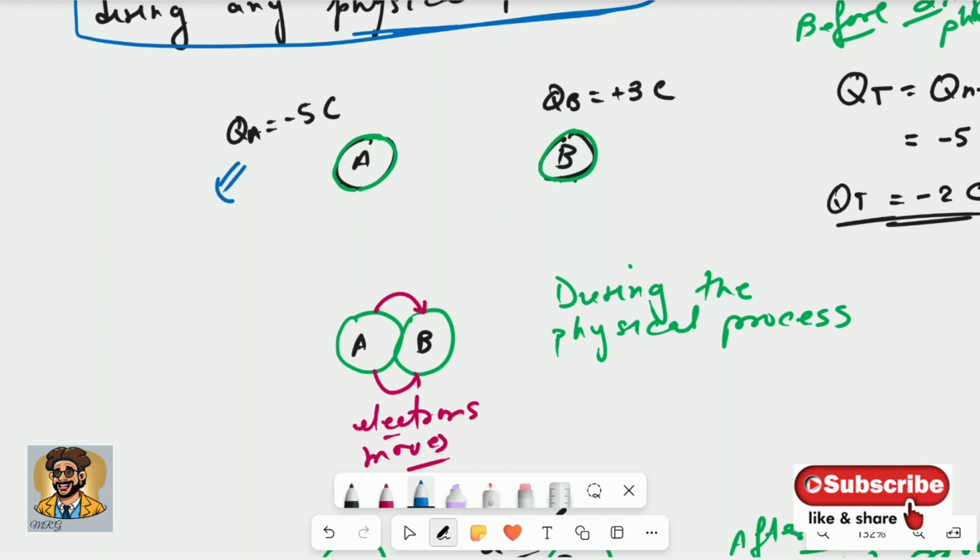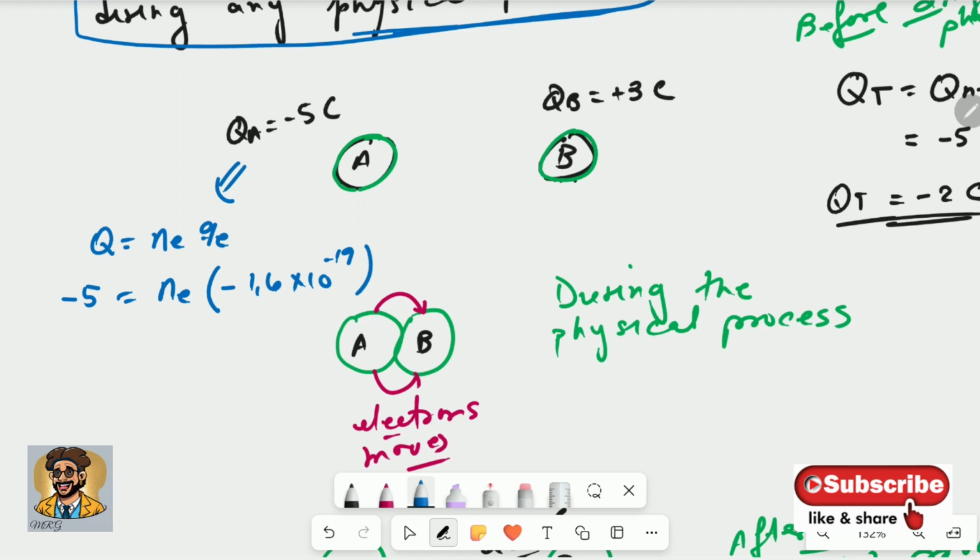Charge is equal to number of electrons multiplied by the charge of one electron. The charge is negative 5 coulomb. It must be in coulombs, equal to number of electrons multiplied by minus 1.6 times 10 to the minus 19 coulombs.